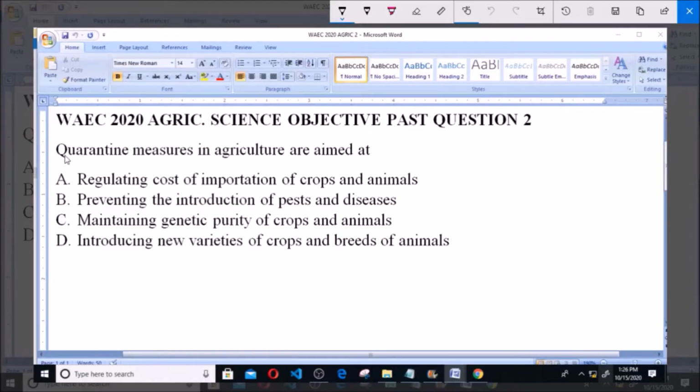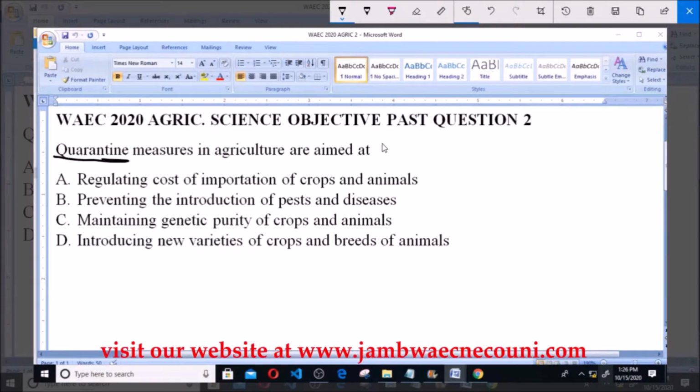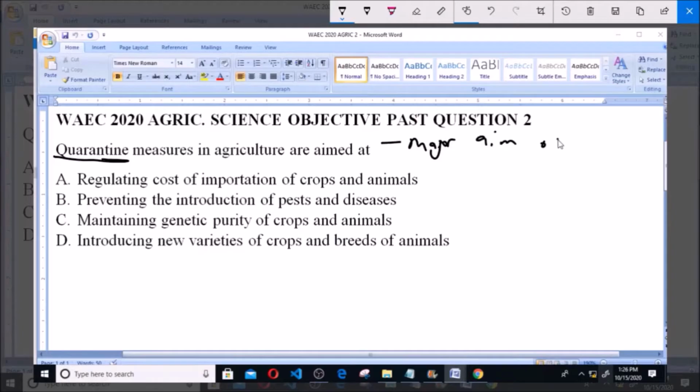So the concept we are looking at here is quarantine, and we are asked what is the major aim of quarantine measures in agriculture.